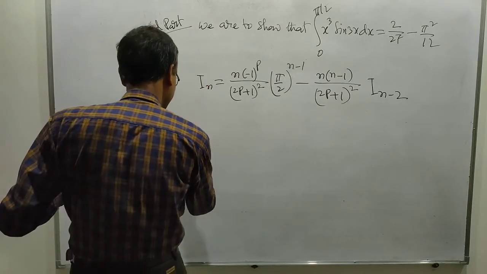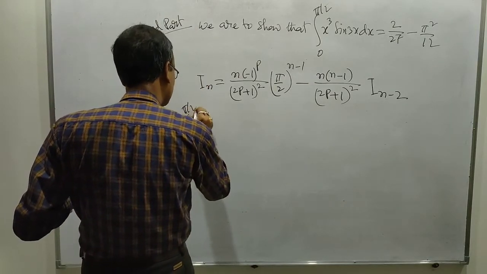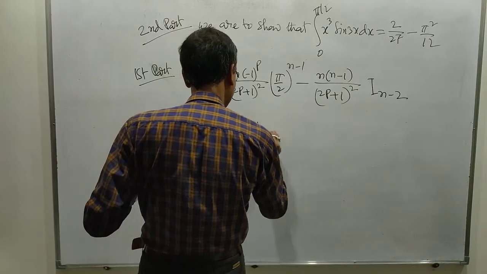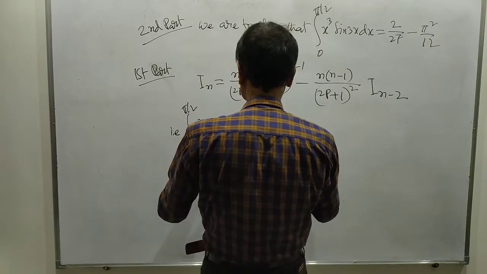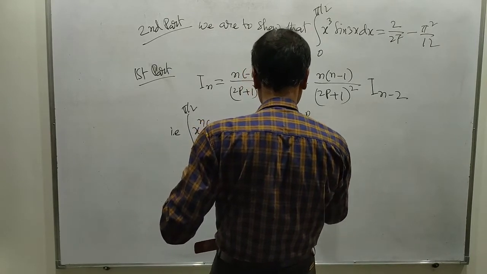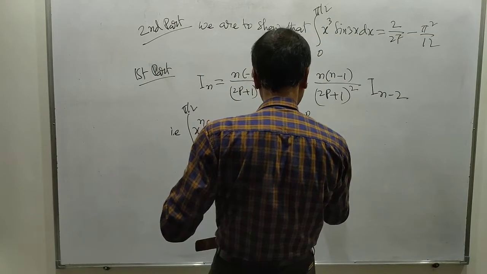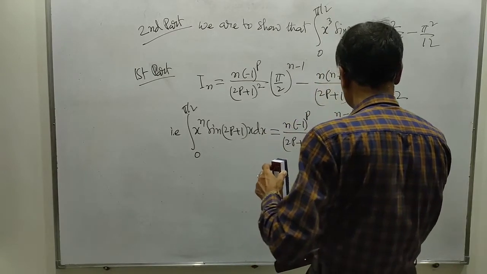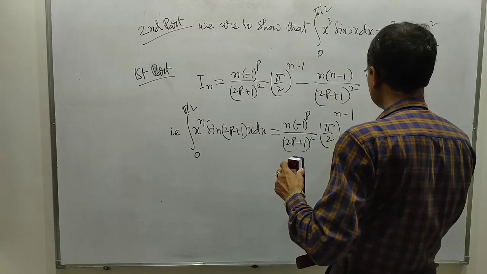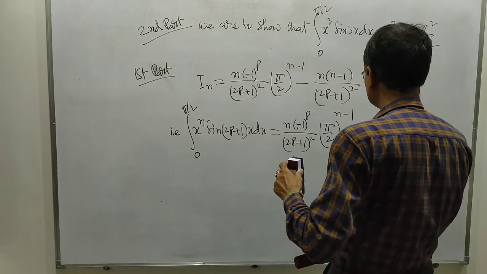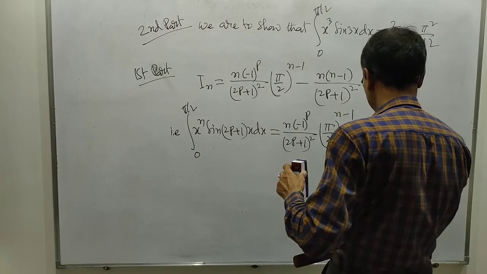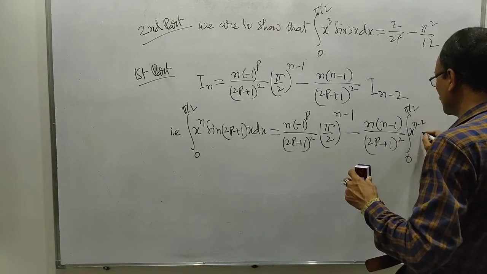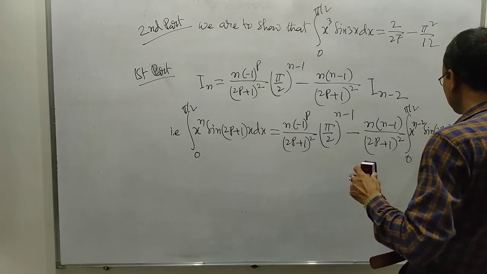What is this? That is the integral from 0 to pi by 2 of x to the power n sin (2p plus 1)x dx, which is equal to (minus 1) to the power p divided by (2p plus 1) whole square, into (pi by 2) to the power n minus 1, minus n into (n minus 1) divided by (2p plus 1) whole square, times the integral from 0 to pi by 2 of x to the power n minus 2 sin (2p plus 1)x dx.